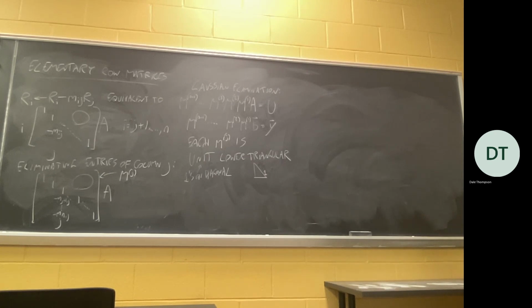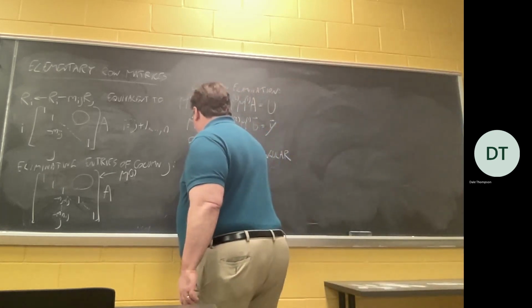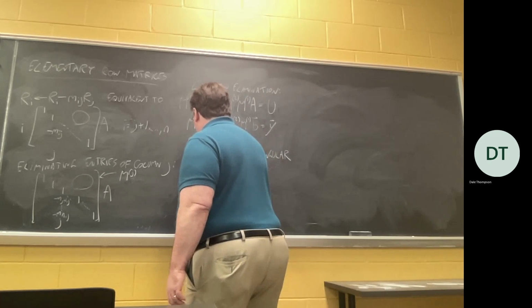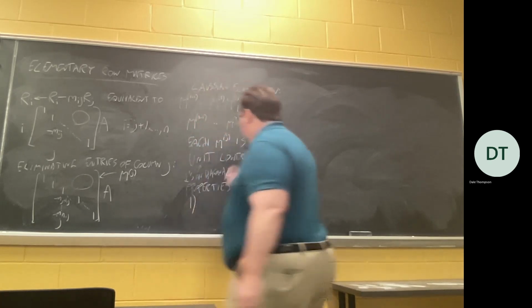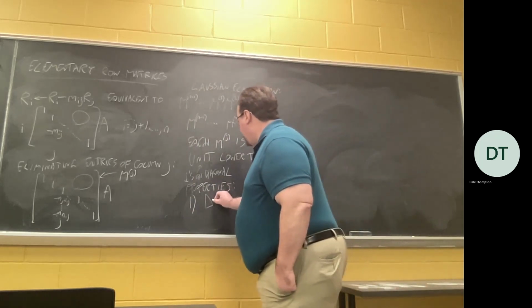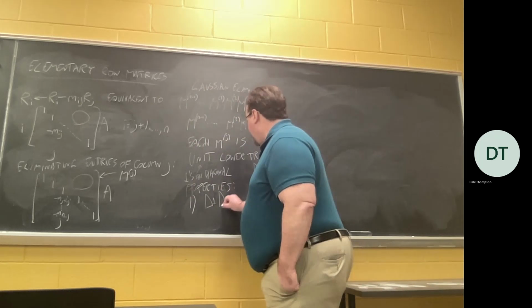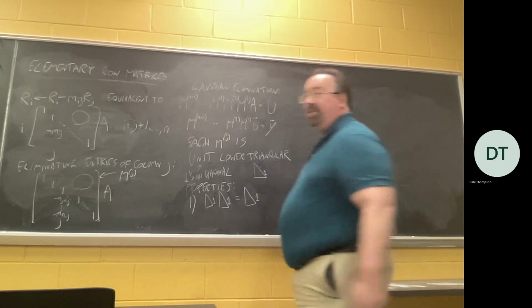Some nice properties that unit lower triangular matrices have are the following. These will be quite helpful to us. First, if you have a unit lower triangular matrix times another unit lower triangular matrix, the product is a unit lower triangular matrix.